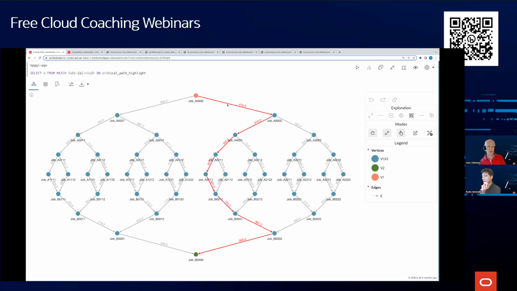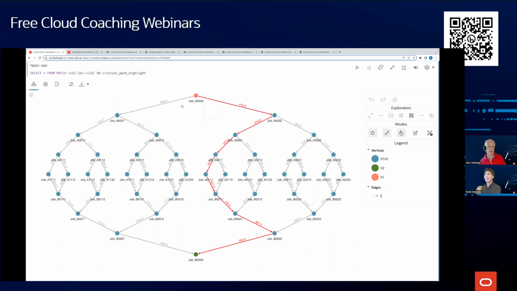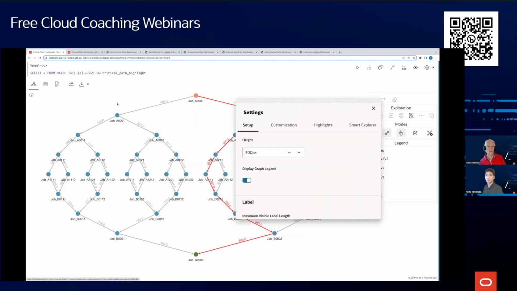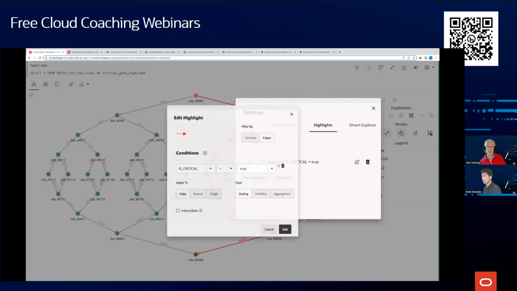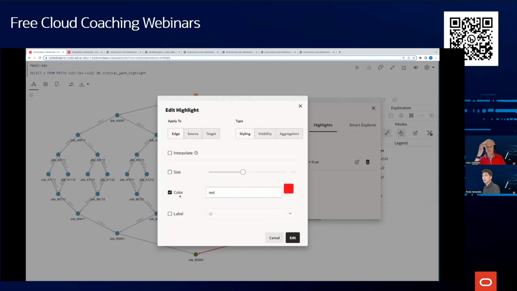And then for those edges with this new property true, we can change the visual using this button. We can open settings, go to highlight, and see, as you can see, for the edges with the is critical property equal to true, we can change the color of the edges.